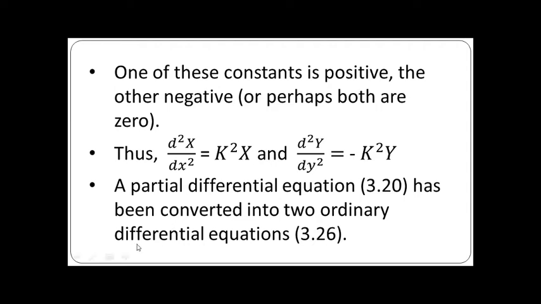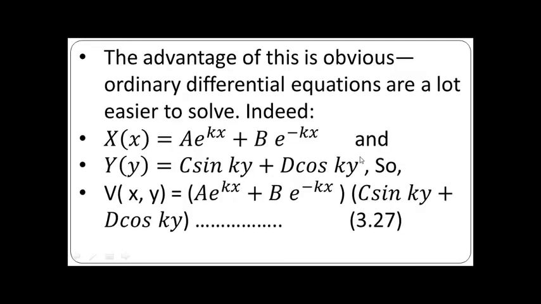We can integrate two times and get capital X as a function of small x, and similarly capital Y as a function of small y. Where the constant is positive, the solutions are exponential, and where the constant is negative, the solutions are sinusoidal. The advantage of this is obvious.